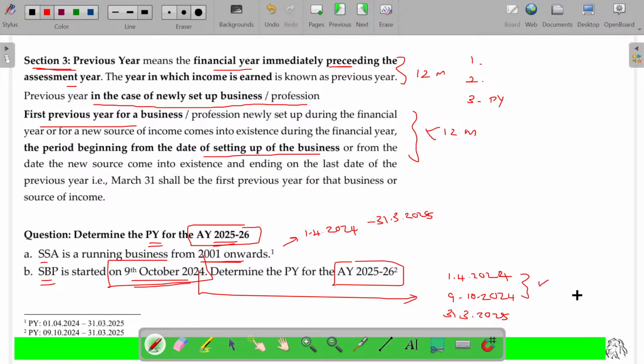So for the period before that, the business doesn't exist. How can we say the previous year is equivalent to 12 months? So for this, the previous year starts on 9th October and ends on 31st March 2025. Here, the duration of the previous year is less than 12 months. Is that clear? Hope now you'll be able to understand this one.